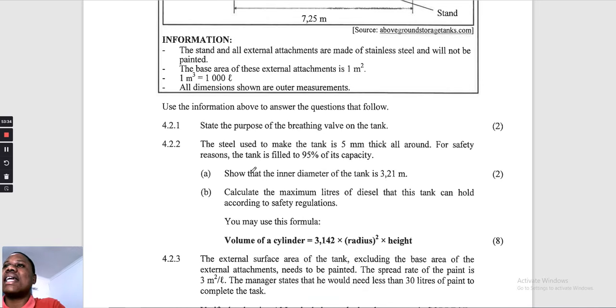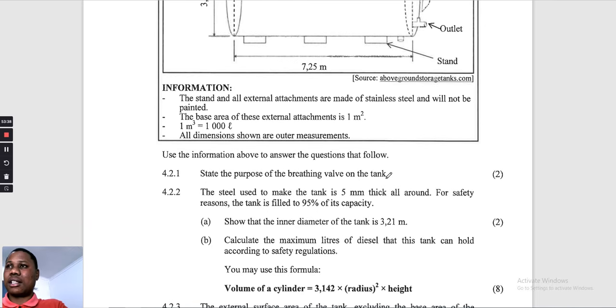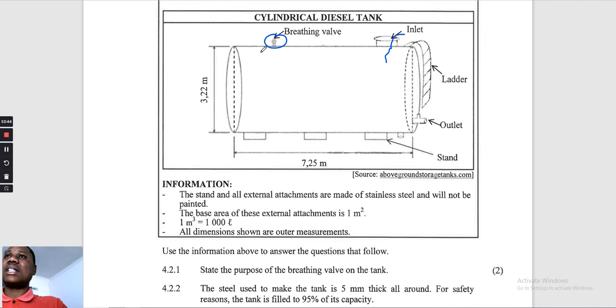Show that the inner diameter of the tank is 3,21 meters. So now if you check, the outer diameter of this tank is 3,22. It means that they have added the thickness. Okay, so what are we going to do now?